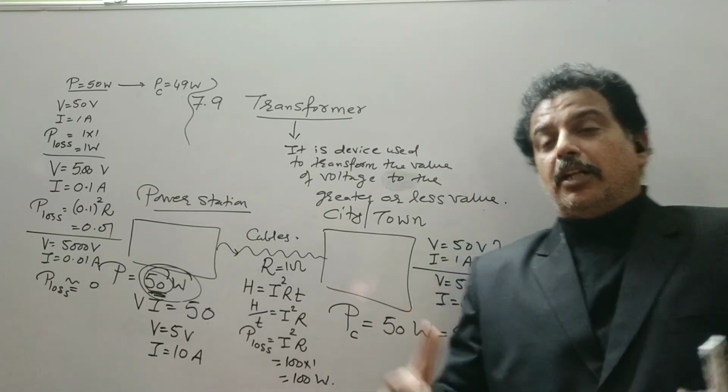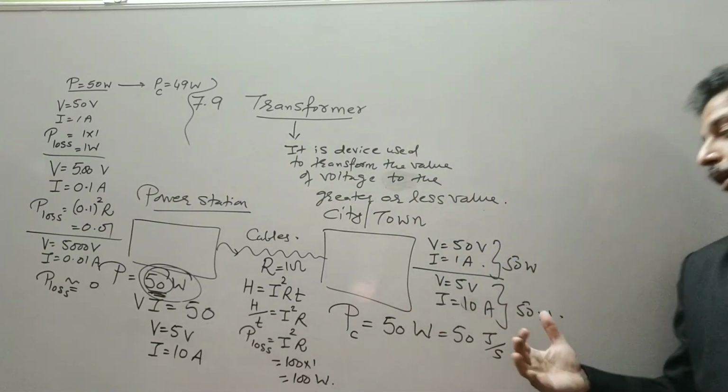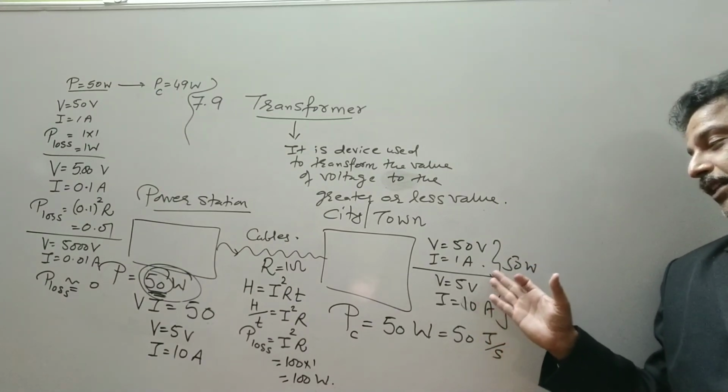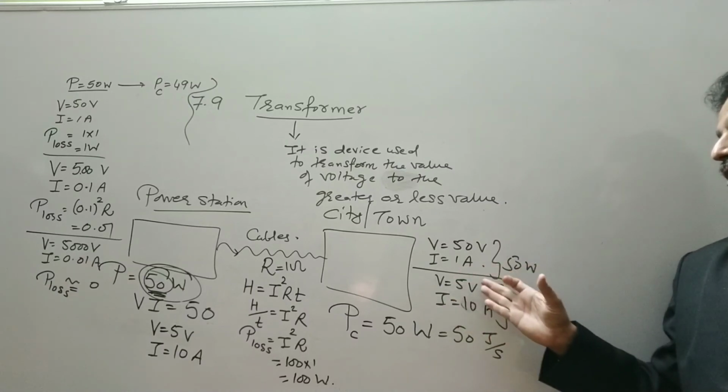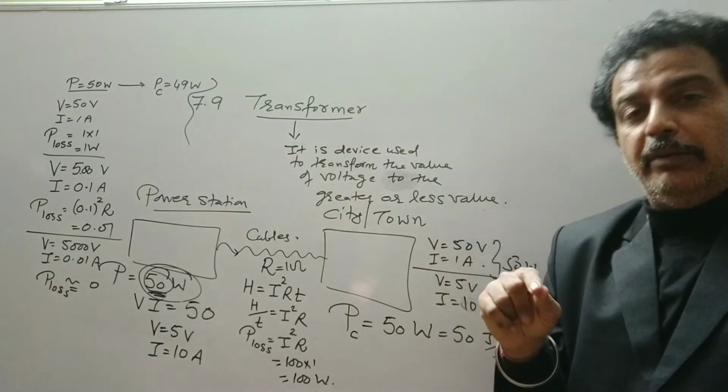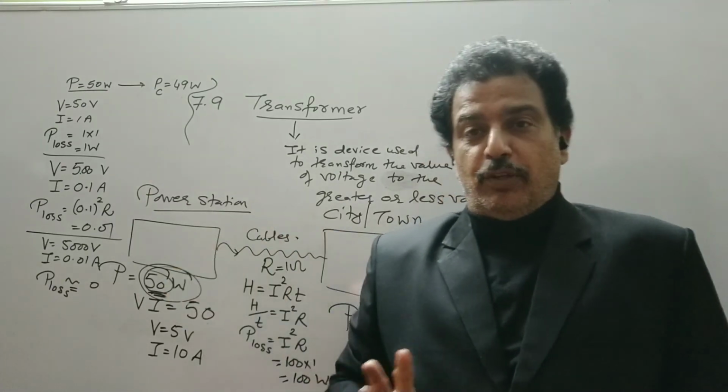So we need the current to be more, and if the current is increased, the voltage is decreased. Now who will decrease this voltage? Again the transformer, and that transformer will be called the step down transformer.